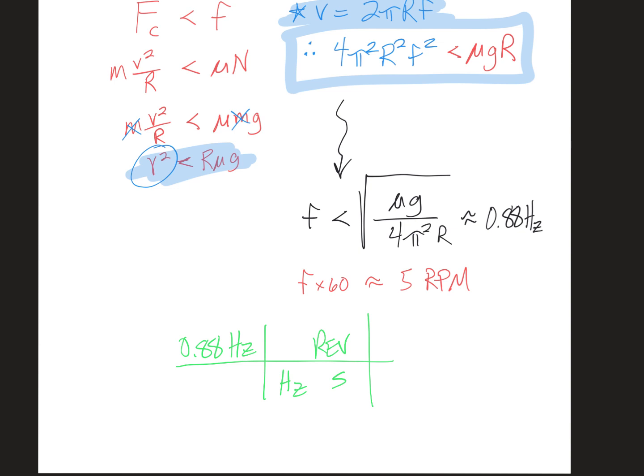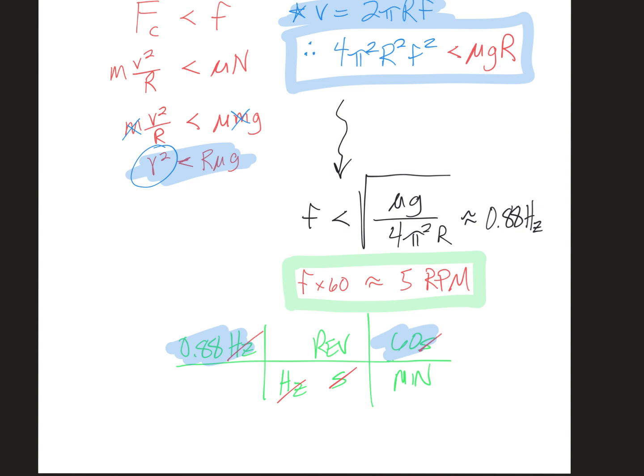So I'm assuming that everyone remembers that perfectly well, right? And there's 60 seconds per minute. Well, the hertz units drop out, the seconds units drop out. So basically, what do I have? I have my hertz value times 60, or my frequency times 60 will give me RPMs. So I would recommend that maybe you kind of remember that.